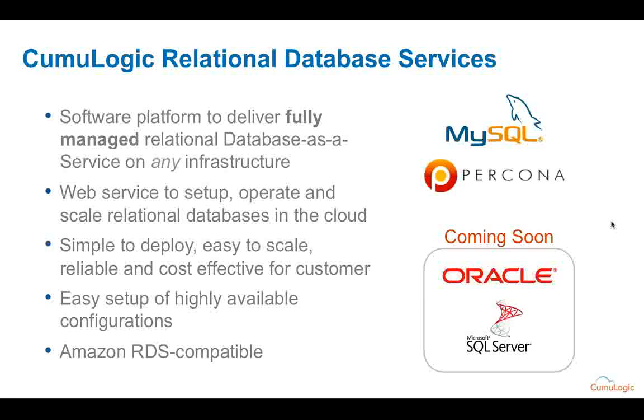You also get to select the level of availability you're looking for. If you want a single node instance, that's one type of request. If you want a multi-node Percona cluster, perhaps even spanning multiple data centers, that's another possibility. In the third quarter of this year, we'll be adding support for both Oracle as well as Microsoft SQL Server to this offering.